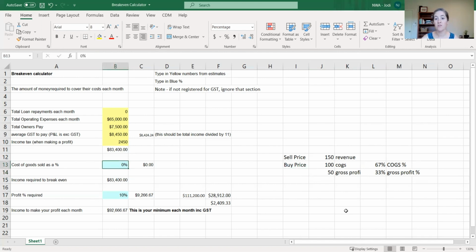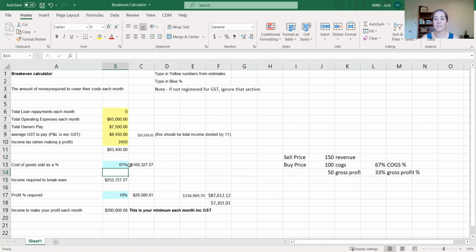So if my cost of goods sold is 67%, for every dollar that I sell, I'm only receiving 33 cents in profit or gross profit. And then I have to cover all of these costs as well. You can see the number increased significantly.